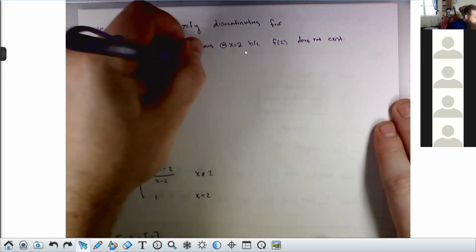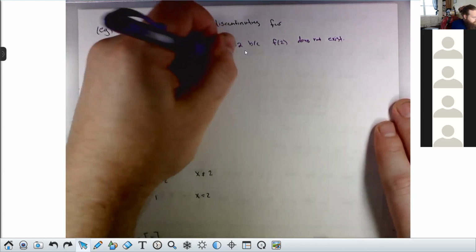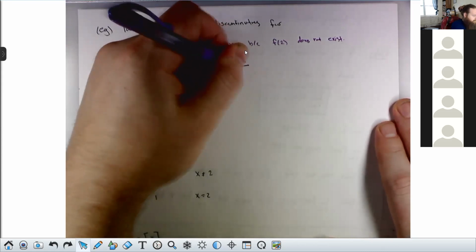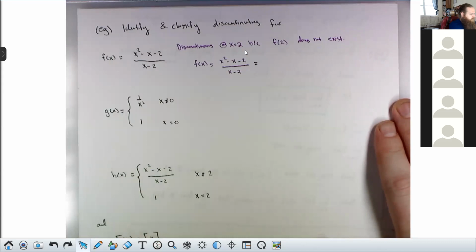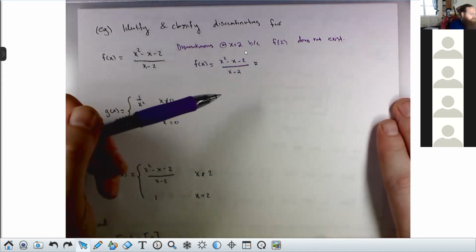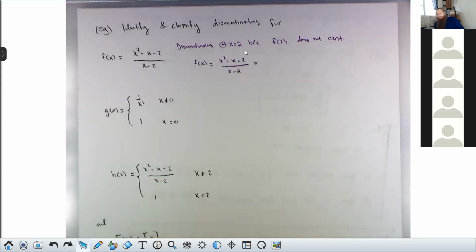Removable? It might be. So how would we discern? Cancel the common factor x minus 2. Very good.